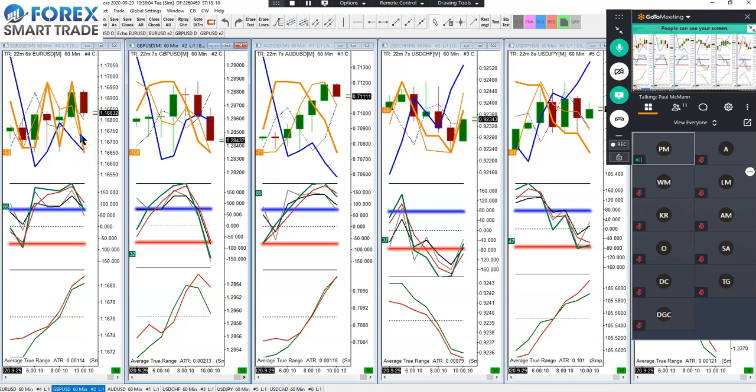Then I'm going to go up to my TNTs, and I want to see how many lines are moving in the same direction as the TNT. The 2 orange lines are going down, and actually they're quite steep. And the 2 orange lines are going down, which means down, and the 2 blue lines are going down, which means up.